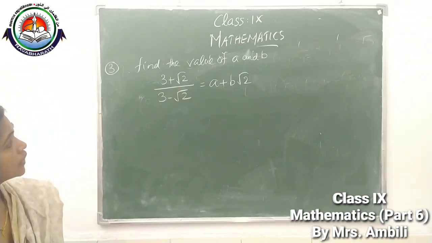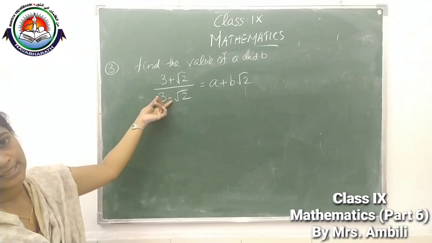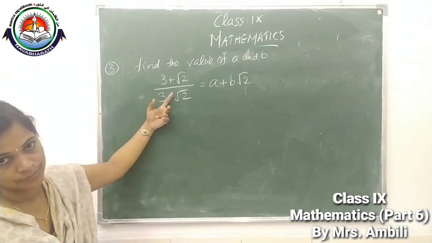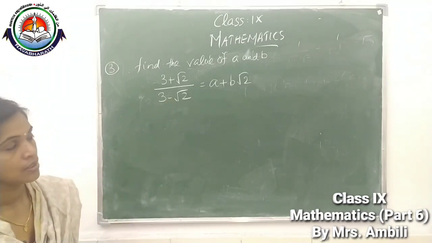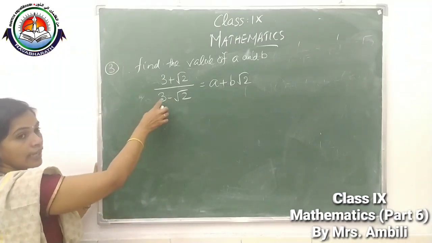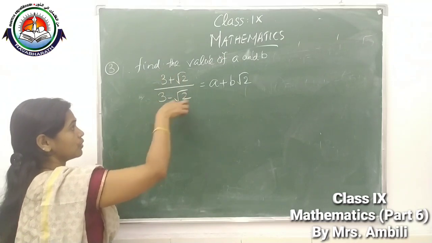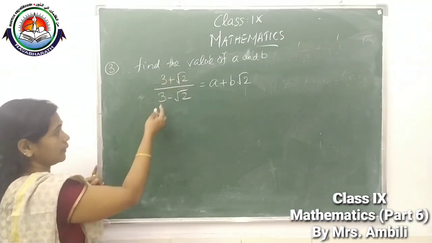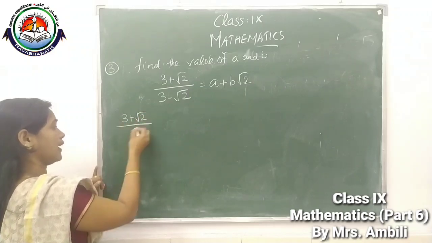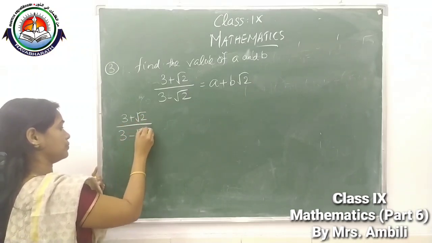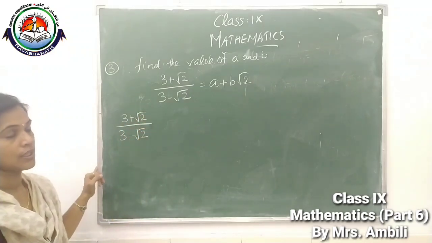Here, look at the LHS, we need to rationalize it, because what is the denominator? 3 minus root 2. So first we take the LHS and rationalize this term, that is (3 + √2)/(3 − √2).